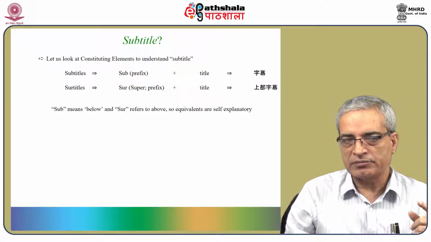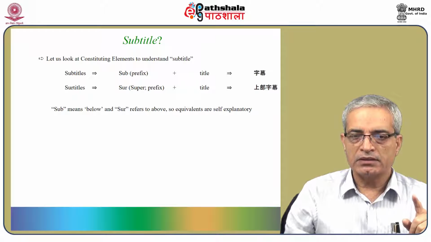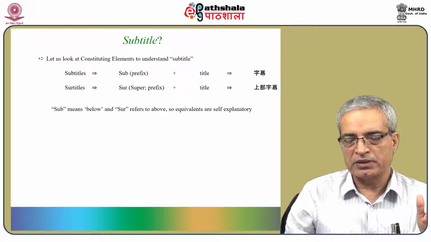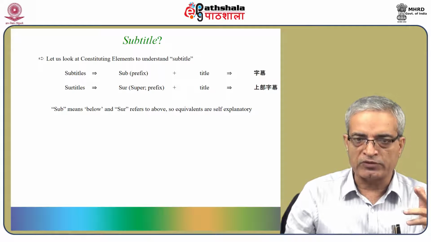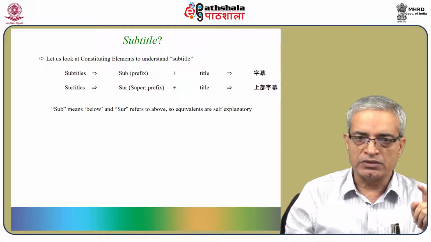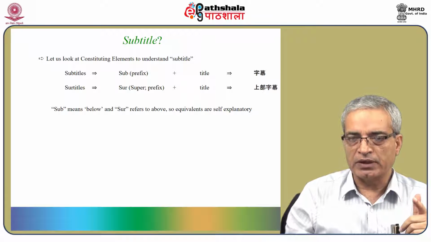To understand this, let me give another example. It's called surtitle. Surtitle is also called supertitle or superscript, and the surtitle comes on the top of the screen. The equivalent in Japanese is jobu jimaku, where jobu means upper part.